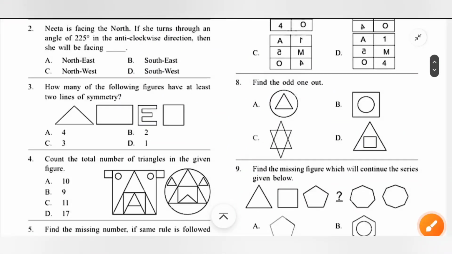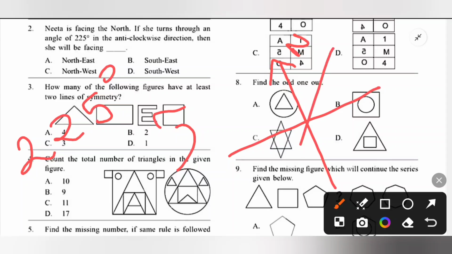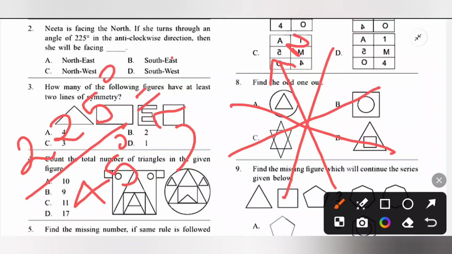Second one, Neeta is facing the north. If she turns through an angle of 225 degrees in an anti-clockwise direction, then she will be facing dash. So she is facing the north direction and then she turns through an angle of 225 degrees. 225 degrees divided by 45 degrees is 5.